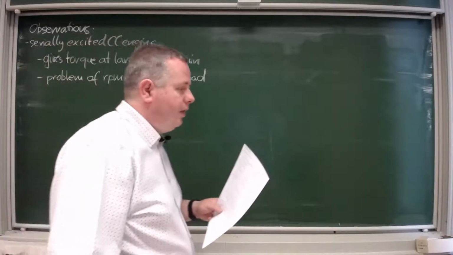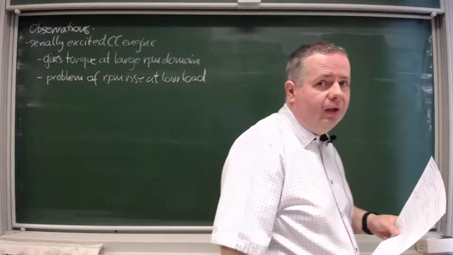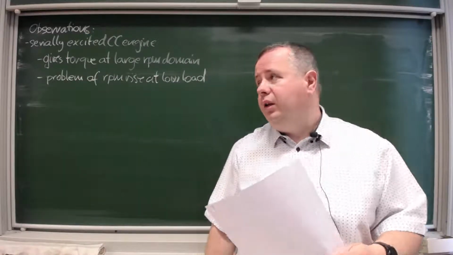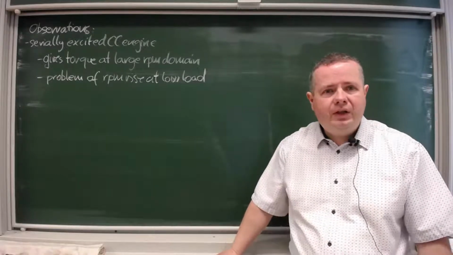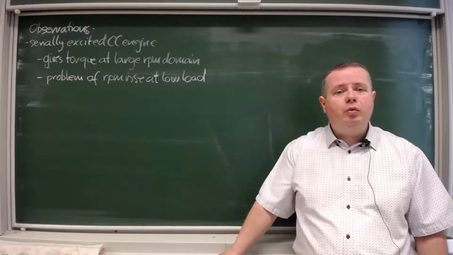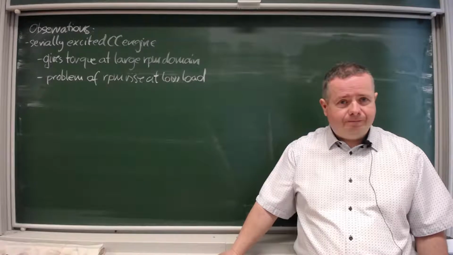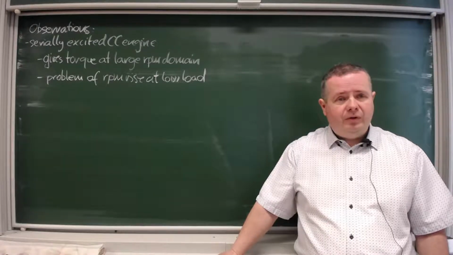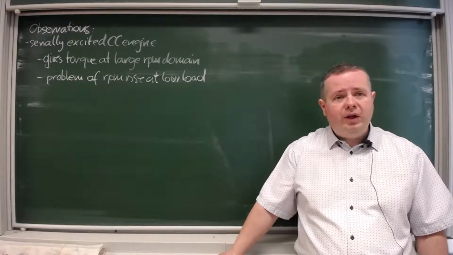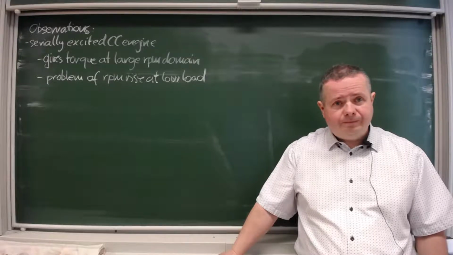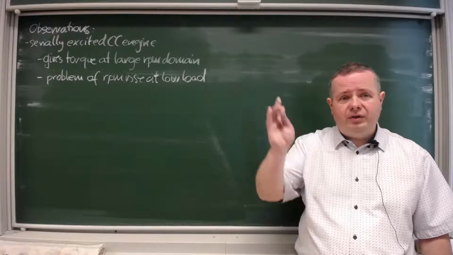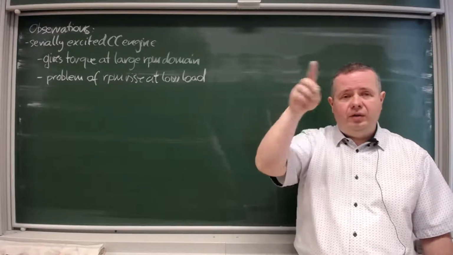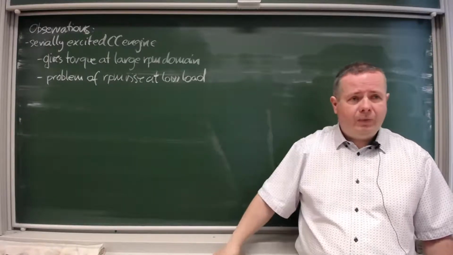Why can an RPM rise be a problem in serially excited DC engines? That's just because of the commutator. Because with revolution we get a centrifugal force that wants to move the objects towards the radius of the cylinder in which the thing is rotating.